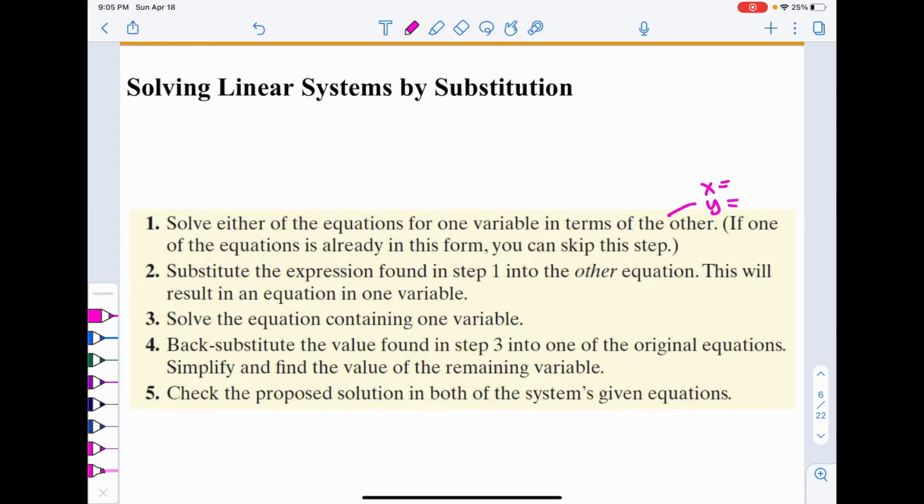Step number 2 says to substitute the expression found in step 1 into the other equation. This will result in an equation in one variable. So we solve the equation containing one variable, and then we back substitute the value found in step 3 into one of the original equations, simplify and find the value of the remaining variable. Your goal is to get your ordered pair answer. And then always check the proposed solution in both of the system's given equations. You want to make sure that it works.